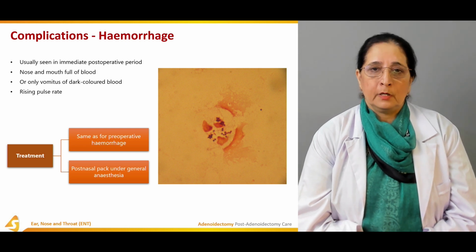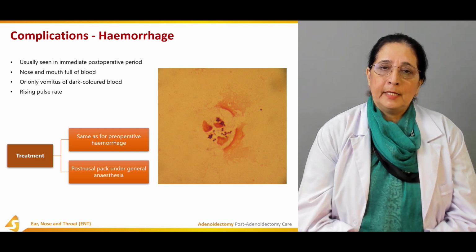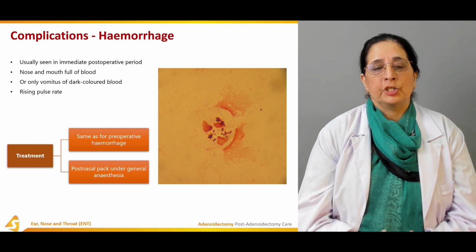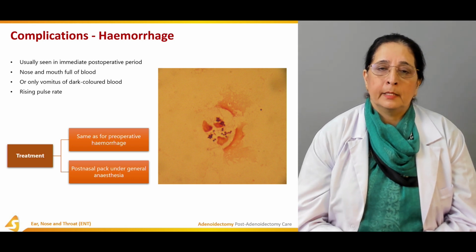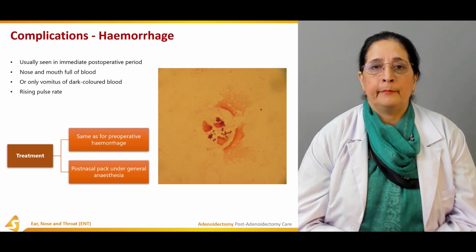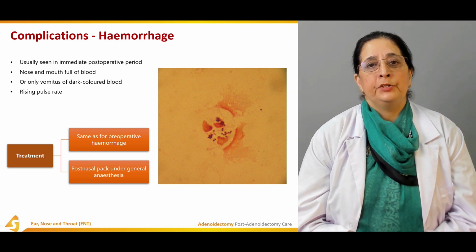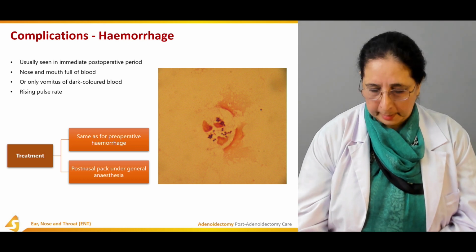That's very important to control the bleeding because a lot of bleeding can decrease the hemoglobin level and cause more complications like anemia and shortness of breath. So primary severe haemorrhage needs to be managed properly under general anesthesia, with post-nasal packs applied.